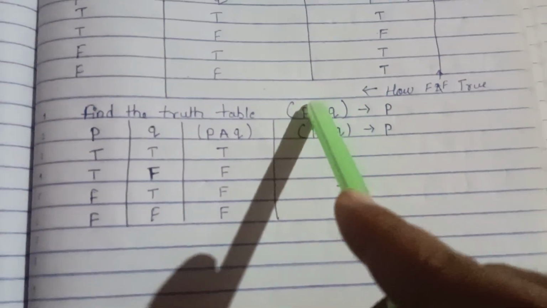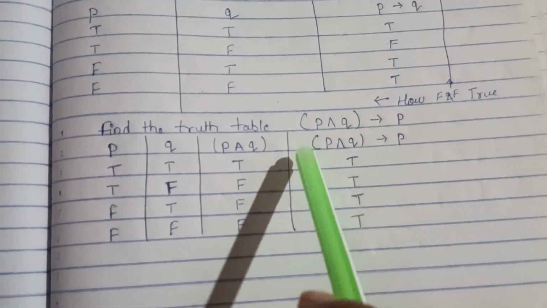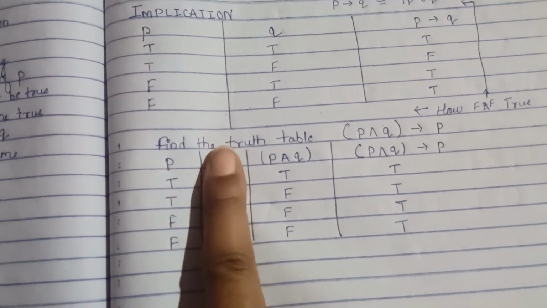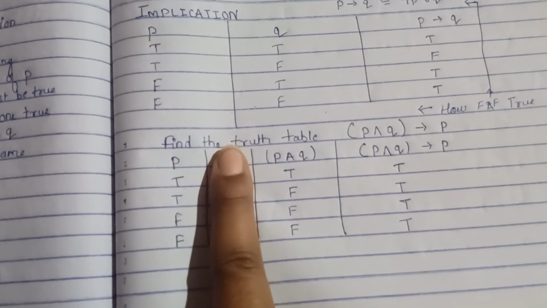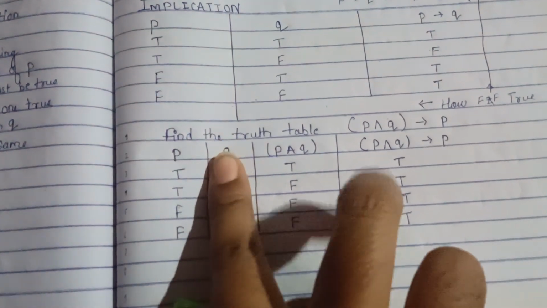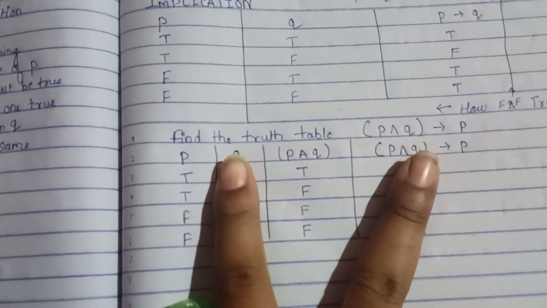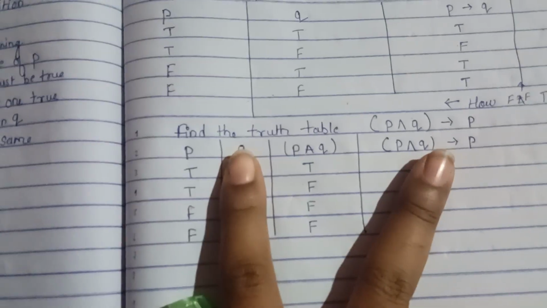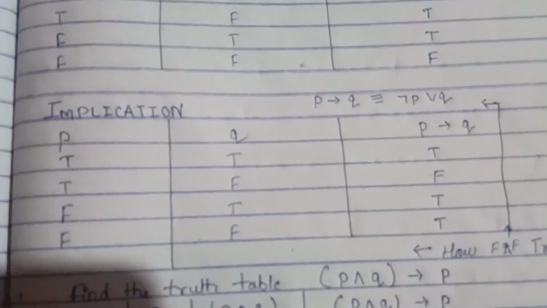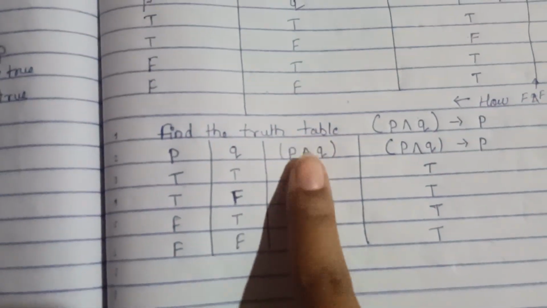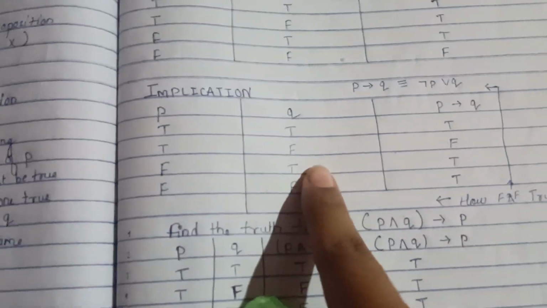Now let's see this. P and Q. Now we will ignore this column and make the result for this. We are making this implication table with the help of the AND table.